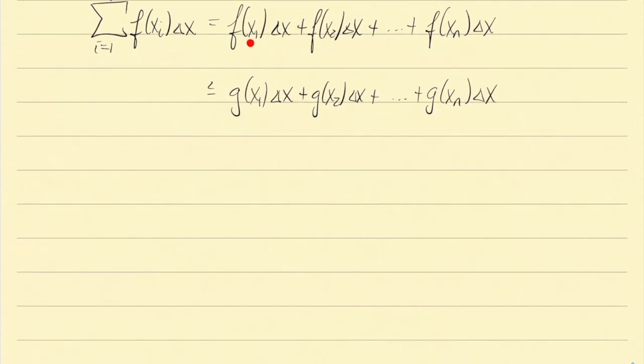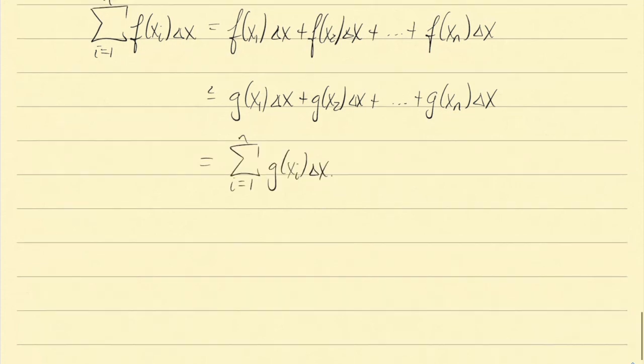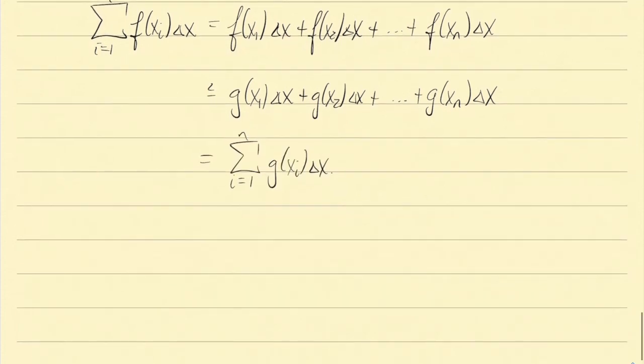So having replaced f of x1 by g of x1, we've made this term larger. By replacing f of x2 by g of x2, we've made this term larger, and so on. Replacing f of xn with g of xn makes this term larger, so the sum of these larger terms is clearly larger than the sum of these smaller terms. Now we simply use the fact that limits preserve inequalities.